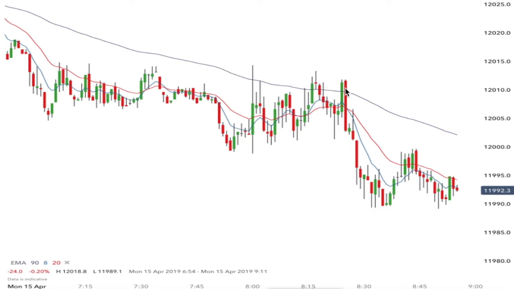So what we had here is we had a double top. We had a high and a lower high and a middle. Okay, so effectively we've got high, higher high, let's call it a higher high, lower high and a low here.